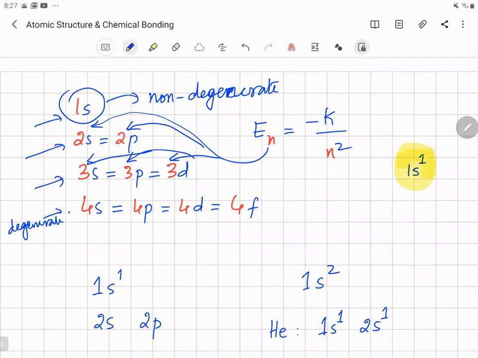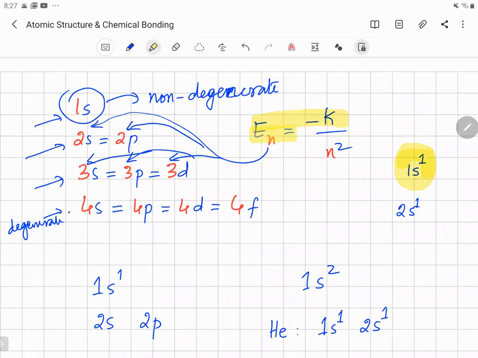It can be 2s1, but in this case the energy is higher. It has to jump from the 1s to the 2s atomic orbital because 2s has higher energy, right? But in the hydrogen atom, the 2s and 2p atomic orbitals have the same energy. 3s, 3p, 3d all have the same energy. What is the reason?